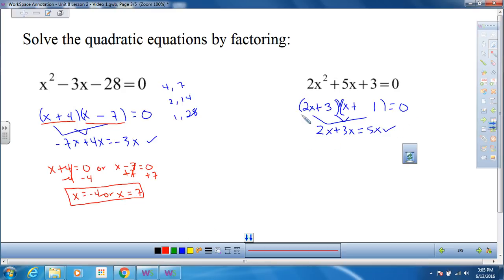Now set each piece equal to 0 to solve. Over here I have 2 steps. I have to subtract 3 and divide by 2.